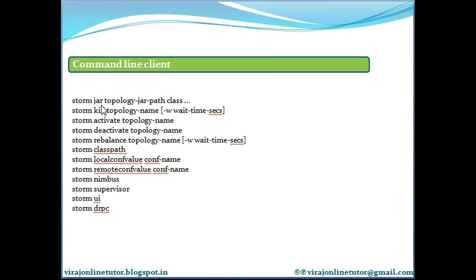Storm's jar command. The syntax of the command goes this way: jar followed by the path of the jar, followed by the class name, followed by the arguments that you are planning to pass to this class. This jar command runs the main method of this class with the specified arguments. The Storm jars and the configs in the Storm folder are put on the class path.